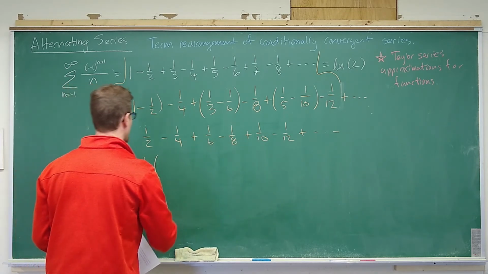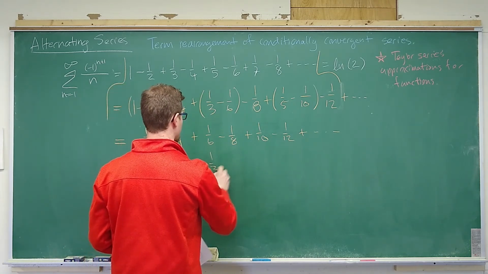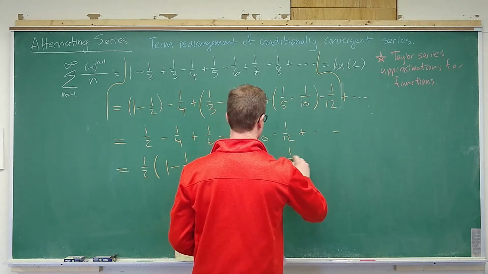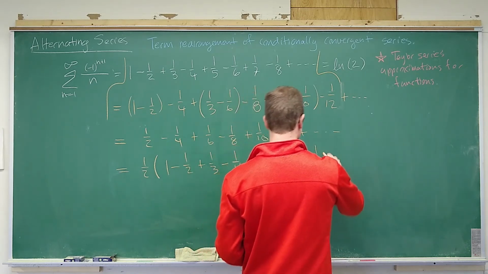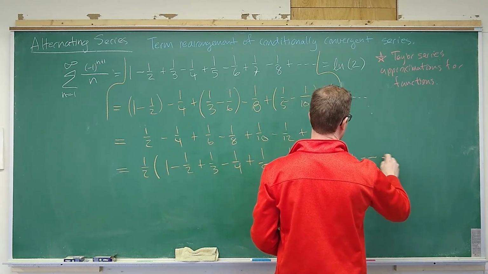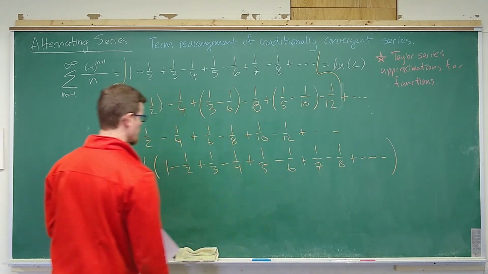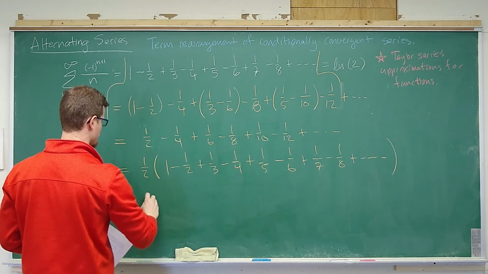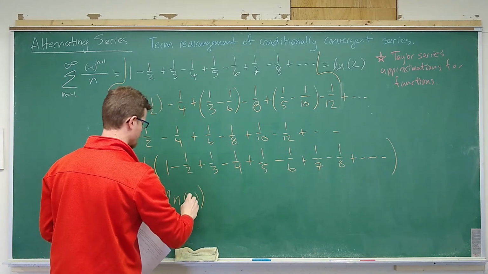So this is 1/2 of 1 minus 1/2 plus 1/3 minus 1/4 plus 1/5 minus 1/6, and it would continue on, plus 1/7 minus 1/8 plus, and so on. Now that should look pretty familiar. When we do that, that gives us our original series. So this is equal to 1/2 of the natural log of 2.